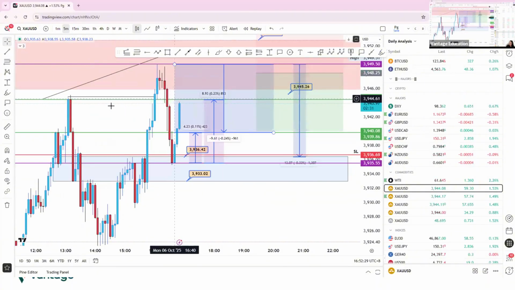This is my second take profit. So TP1 from here 50 pip, TP2 is almost 90 pip. So from this sell back and forth, I think if you add up, almost 200 pip for gold. Okay.